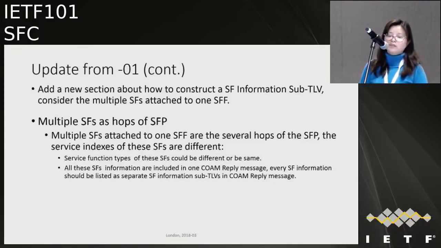And the service function types of these service functions may be different. So all this service function information is included in one COM reply message. Every SF's information should be listed as a separate service function information sub-TLV in the COM reply message.